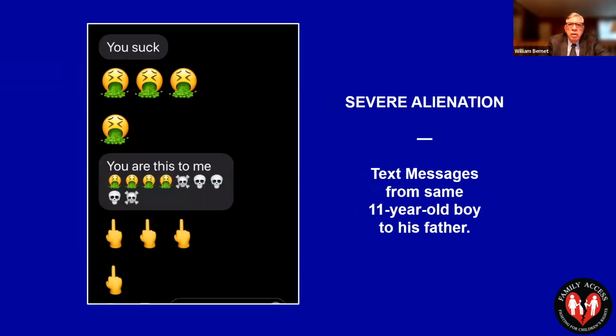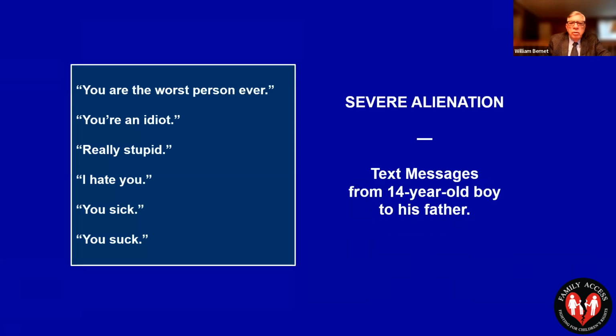Here's the same boy saying, "You suck," with very negative emojis. So that's the 11-year-old.